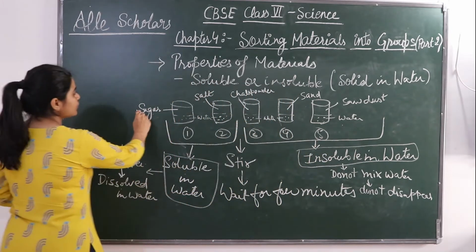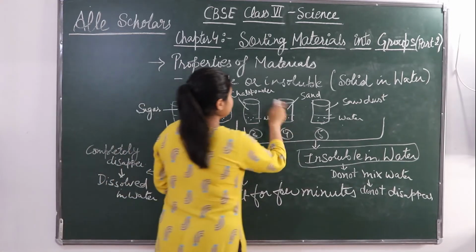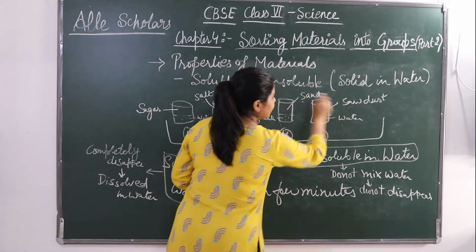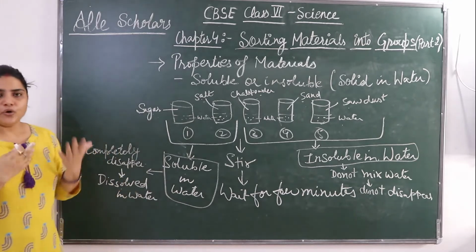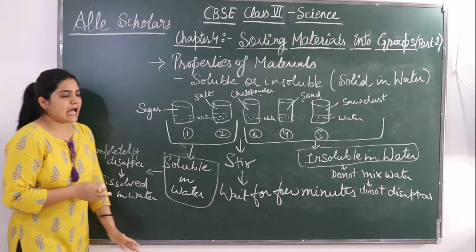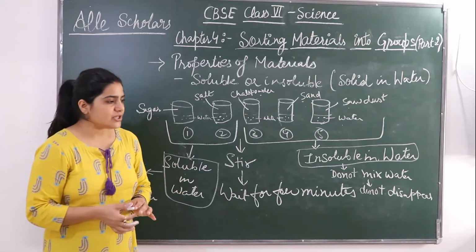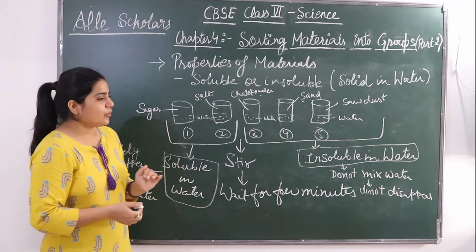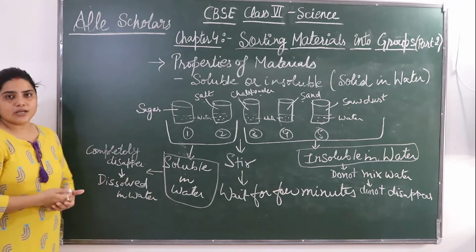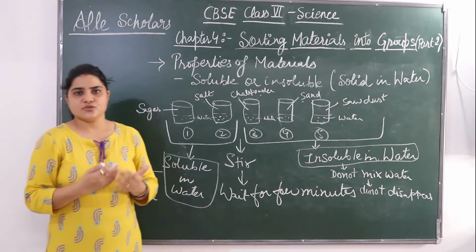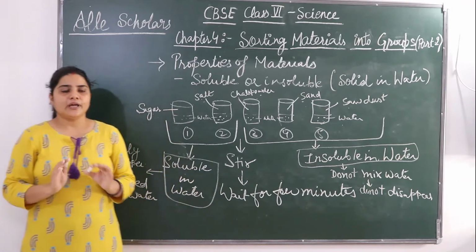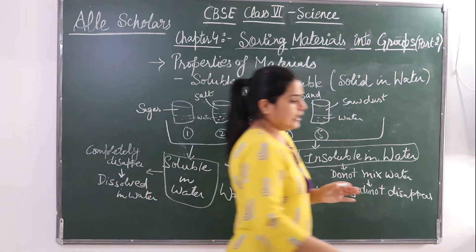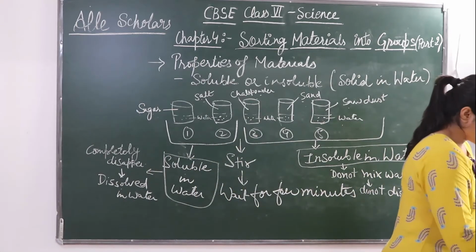Example you have seen: for soluble, sugar and salt; for insoluble, chalk powder, sand and sawdust. Okay, so we got to know that water plays an important role in the functioning of our body because it can dissolve a large number of substances. So water plays a very important role in our body. It dissolves so many substances.